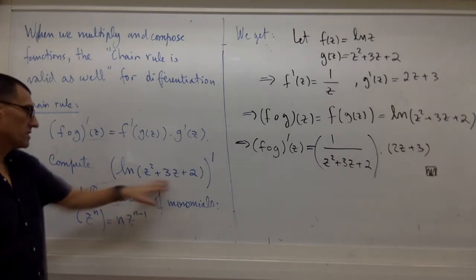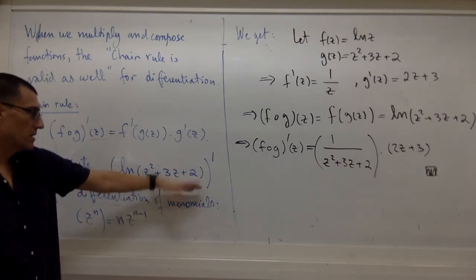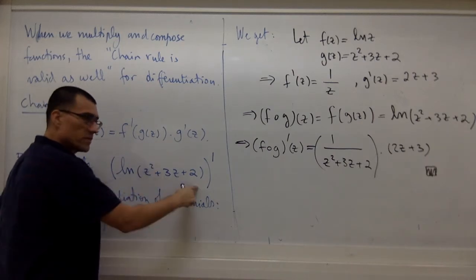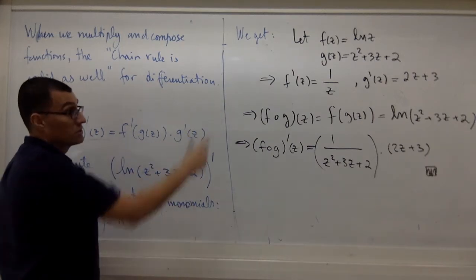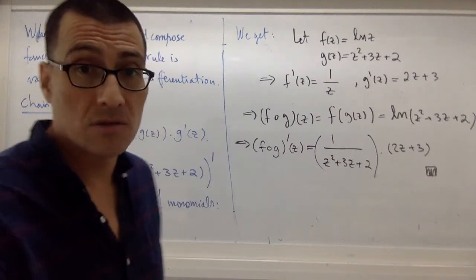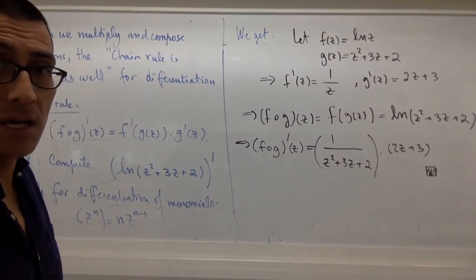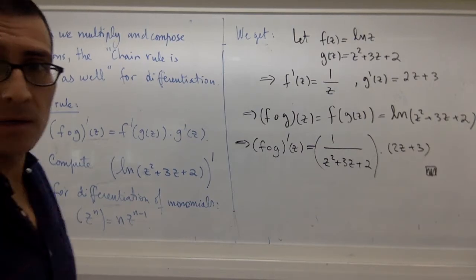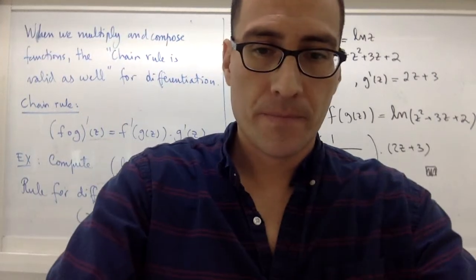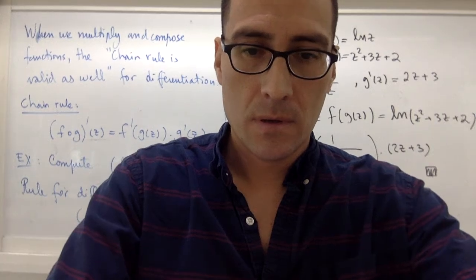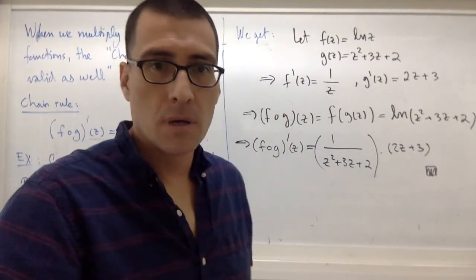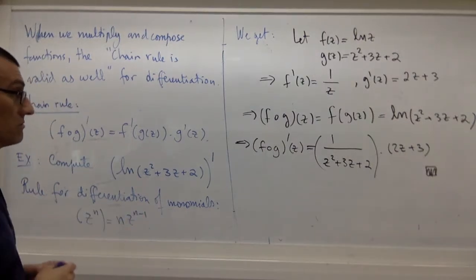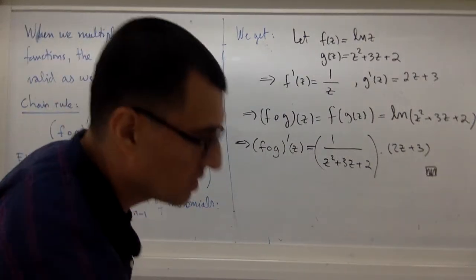The derivative of the logarithm of z squared plus 3z plus 2: well, I do 1 over the argument times the derivative of the argument, which is 2z plus 3. That's it. Okay. So again, the same stuff we did in calc 2. You can do that right away. You don't need to formulate the whole thing in terms of composite functions.